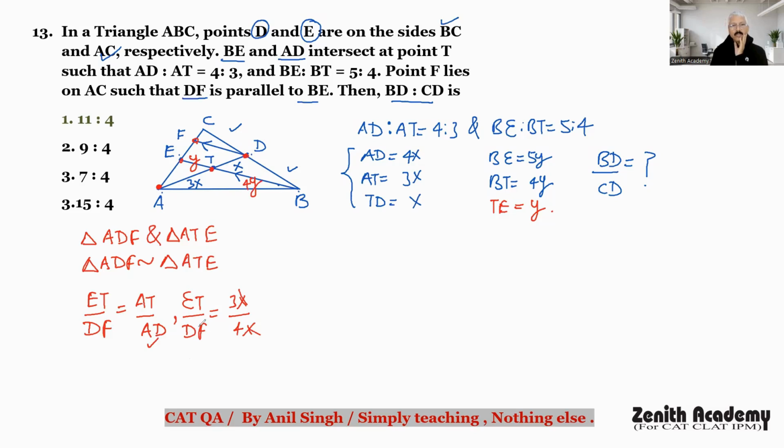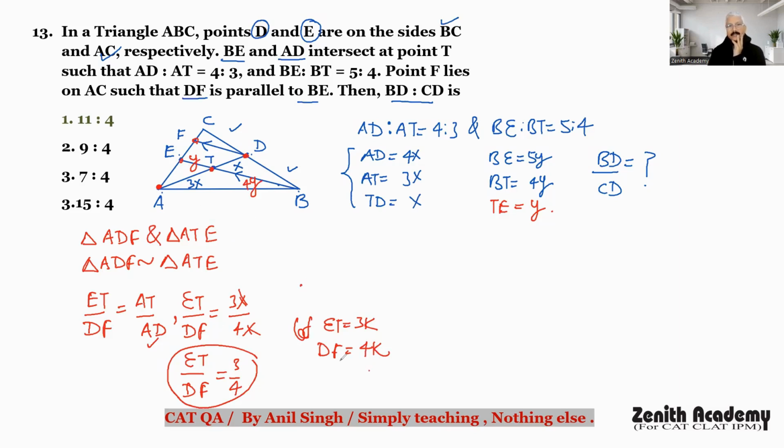So the ratio between ET and DF is 3:4. Okay, means if ET is 3z, DF will be 4z. Take ET with any constant. So let ET be 3k, then DF is 4k.